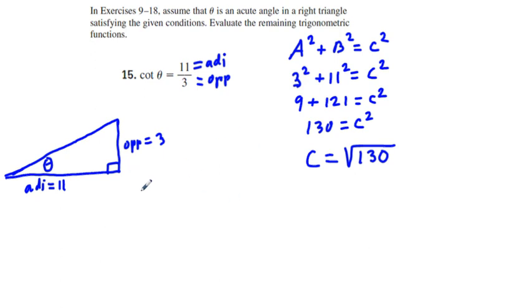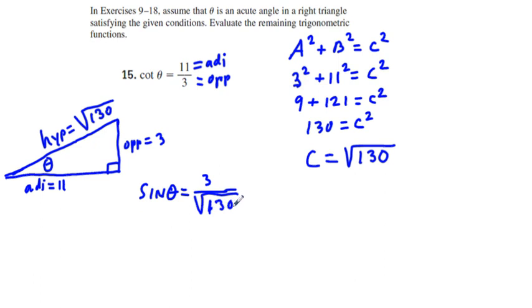So we're going to have our sine theta is equal to our opposite, this is 3, over our hypotenuse. And our hypotenuse, which I have yet to draw in the triangle, is square root of 130. In a practical basis, how large is square root of 130?